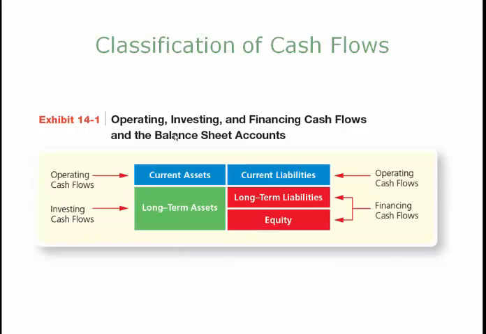Now I want to touch on something here just for a minute that you won't see in your text, but I think it's important for you to understand this basic concept. Let's talk first about current assets. Typically what you're going to do is look at the change in current assets, non-cash assets. Let's take, for example, merchandise inventory.